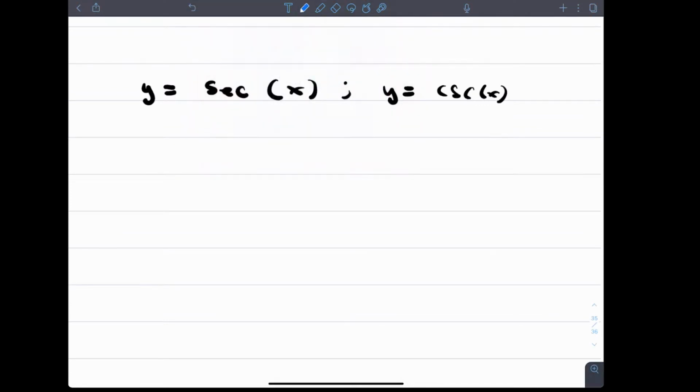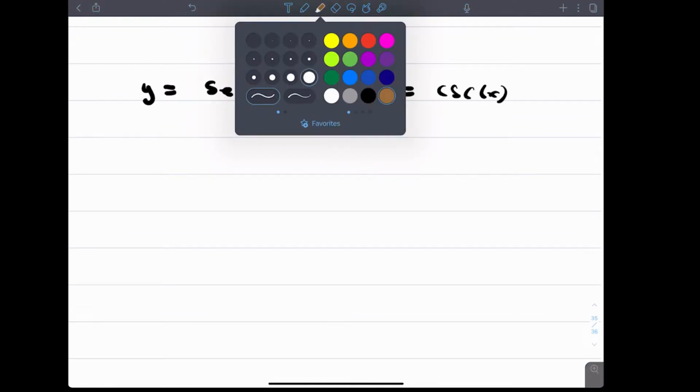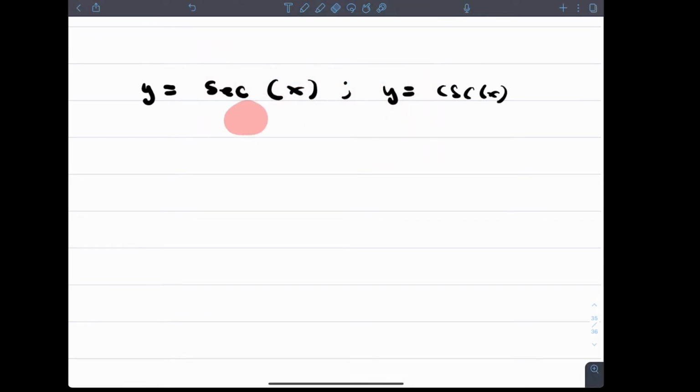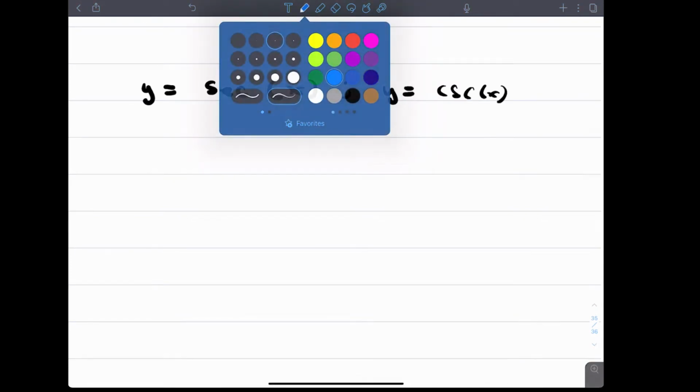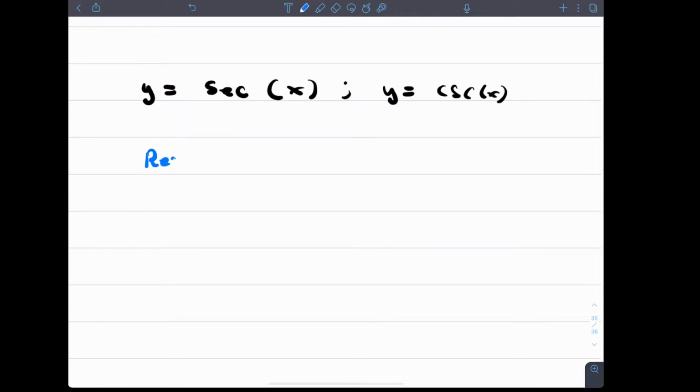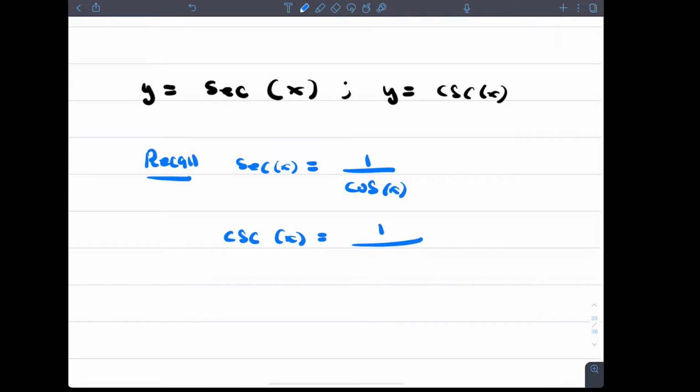If you ever see secant, what do you guys want to remember? You want to recall a few things. That the reciprocal of cosine is secant. And for cosecant, the reciprocal of cosecant is what? Sine.